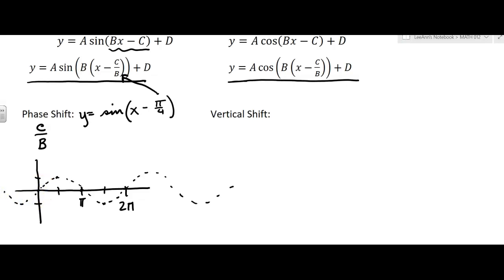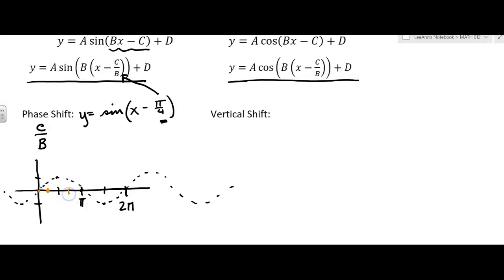So compared to some of the other graphing we've done, when we've done a horizontal shift, like we had a parabola, you could see the horizontal shift. But see, this is a periodic function, so it's going to just keep going. But what's going to happen is it's going to shift pi over 4. Okay, so I'm going to draw this in. Pi over 4 would be right here. So I'm taking my point that used to be at 0, 0, and I'm shifting it over pi over 4.